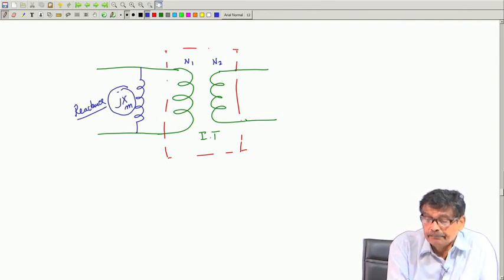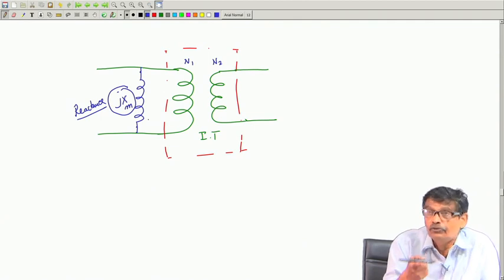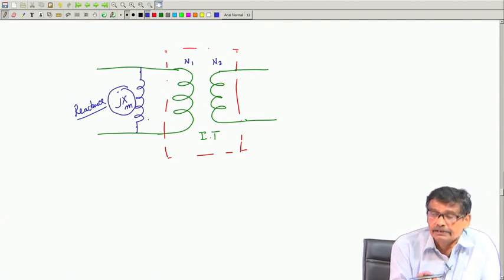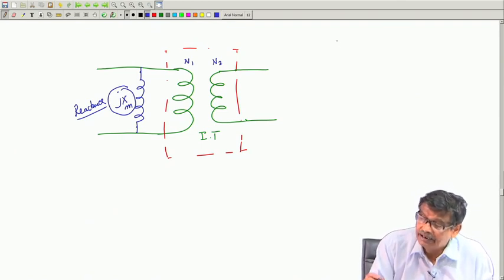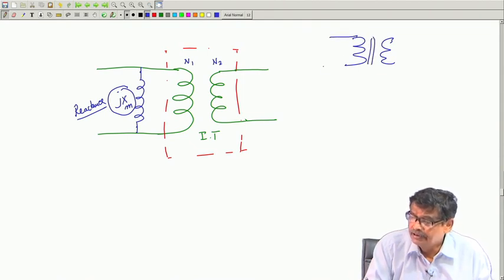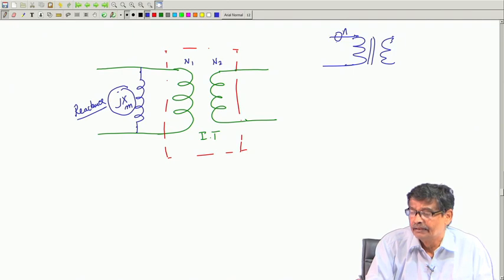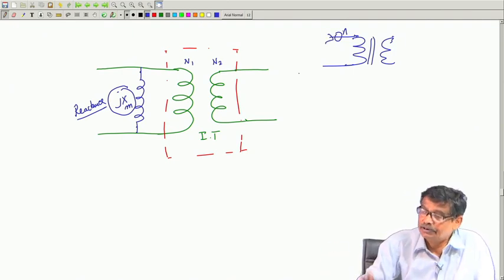So, jXm is external to this ideal transformer and it is no winding, I am emphasizing this. This is the primary coil. That is what I am telling, that your practical transformer is like this. Here you observe, when nothing is connected, the ammeter shows the magnetizing current. Connect a load, it will draw a current I1, which is Im plus I2 dashed. That is what we have seen.